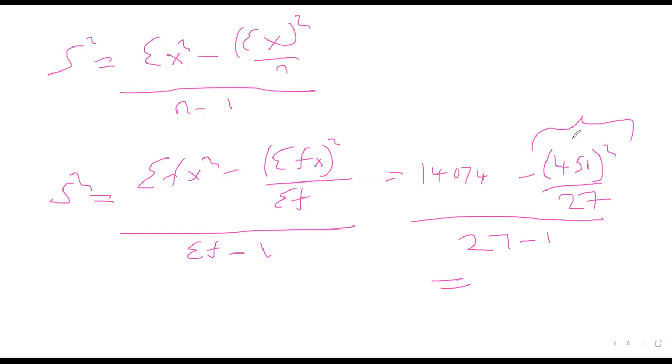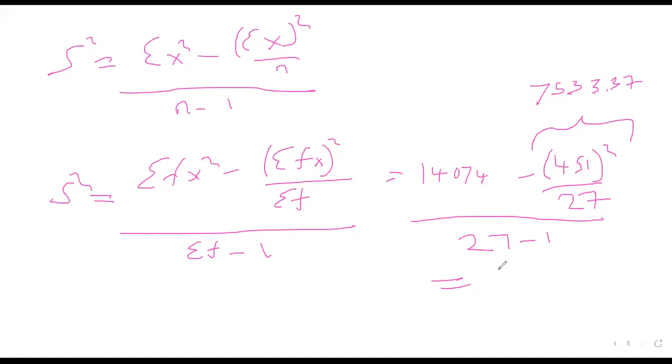What are you getting? This part is giving you 7533.37. Okay, it's giving 251.56. The final answer?